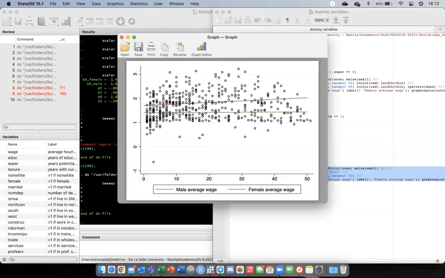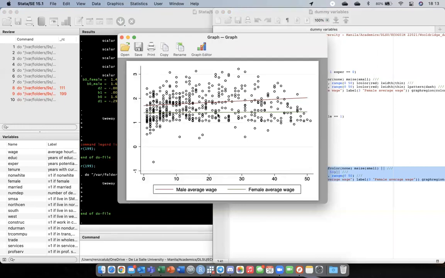And that's your graph. So the red line represents the male average wage. The green line represents the regression line for females. So as you can see, it appears that males tend to earn higher wages on average given this gap between the two lines. And when it comes to experience, the effect is more prominent for males than it is for females, given that the line for males is a little steeper than the line for females.